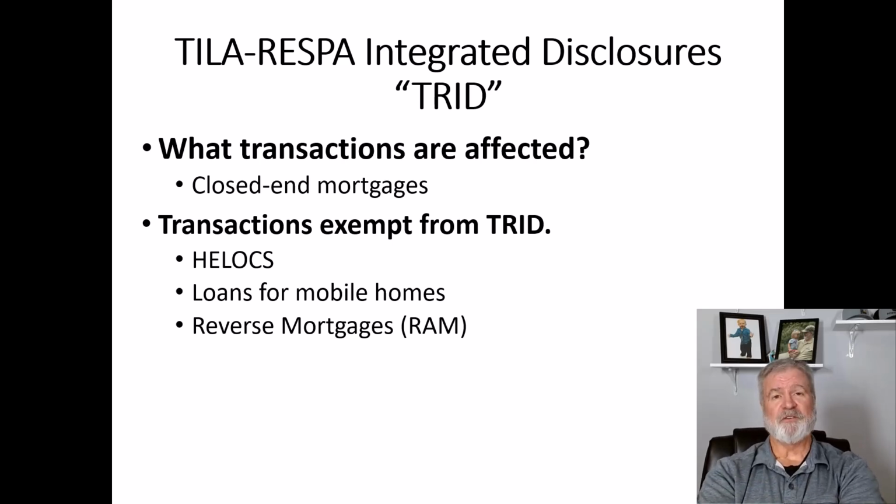But you better understand what you're doing there, because anyway, I'm not a big fan of that loan, and it strikes me that the government decides this is one of those loans you don't have to make these disclosures. But anyway, those three are exempt from TRID disclosures.